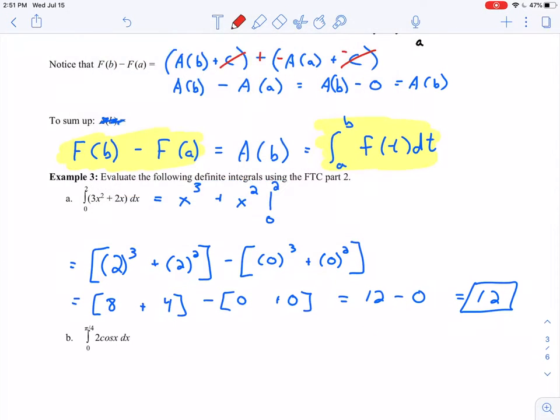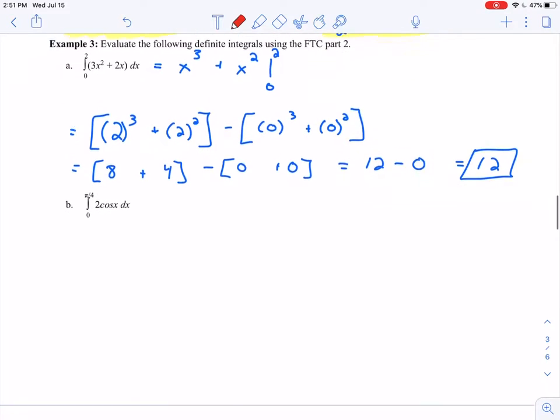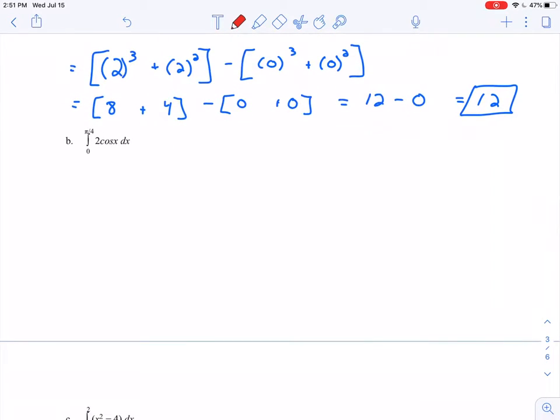All right, next up we've got trigonometry, even better. The definite integral from 0 to pi over 4 of 2 cosine of x dx. So first I need to find my antiderivative of 2 cosine of x. The antiderivative of cosine of x is sine of x, so this is going to be 2 sine of x. And again, remember, you can double check your work.